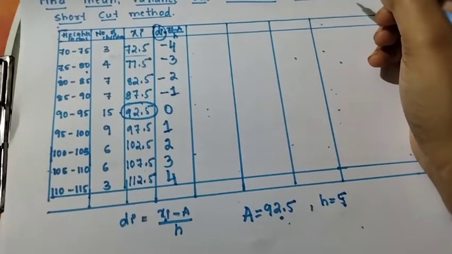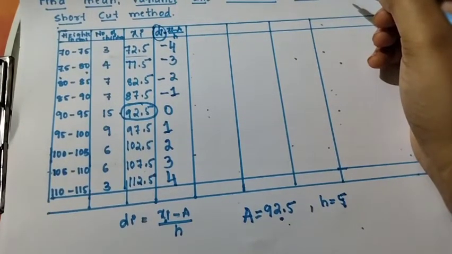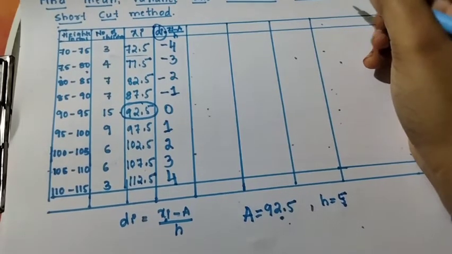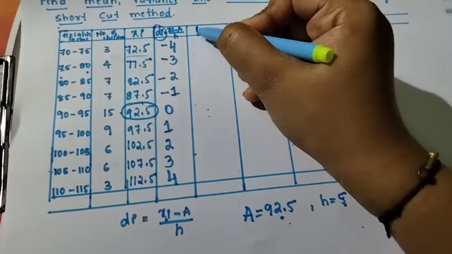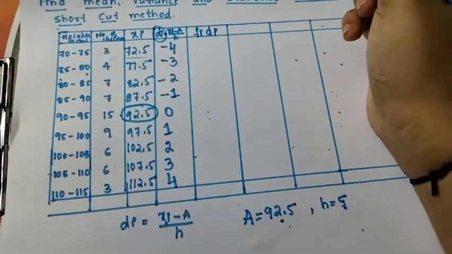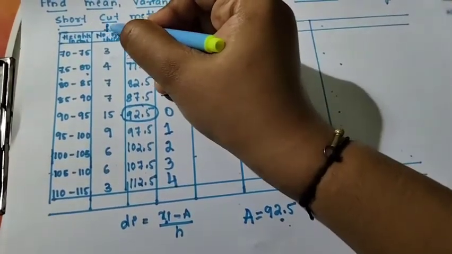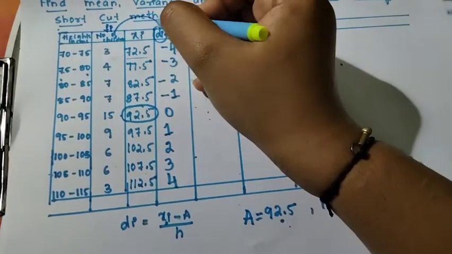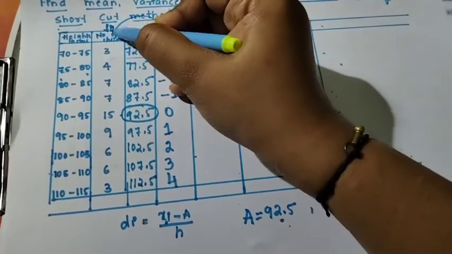Okay, so next what I have to do is calculate fi into di. So this is your fi, that is frequency. Di column is here. You have to multiply these two terms.